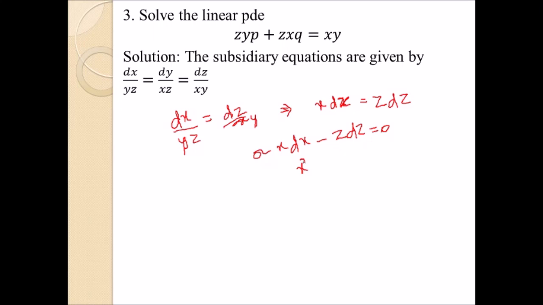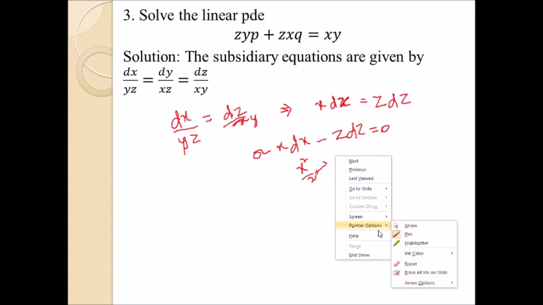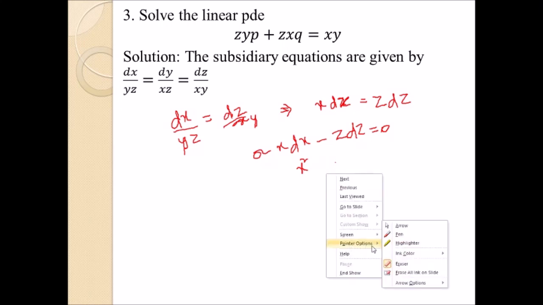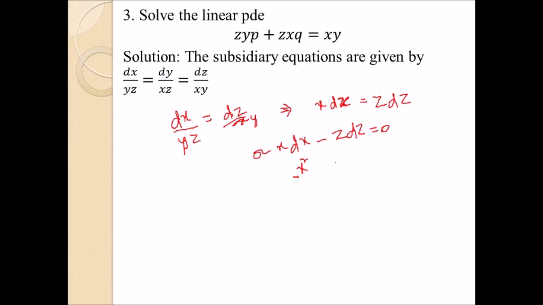So on integrating we get x square by 2 minus z square by 2 is equal to c1 by 2, or x square minus z square is equal to c1.